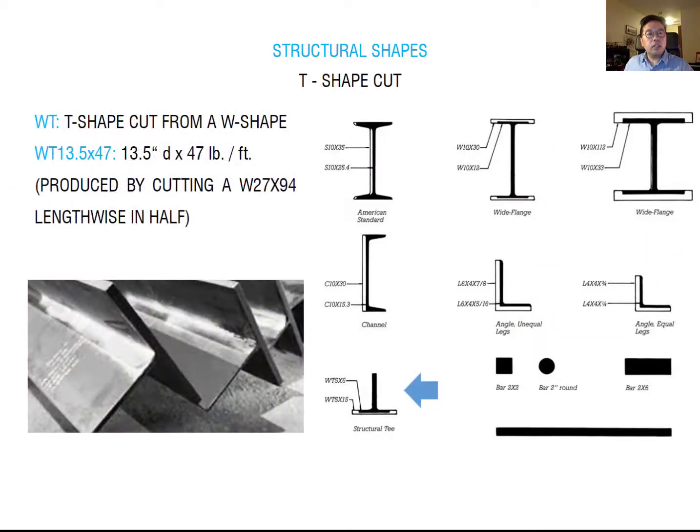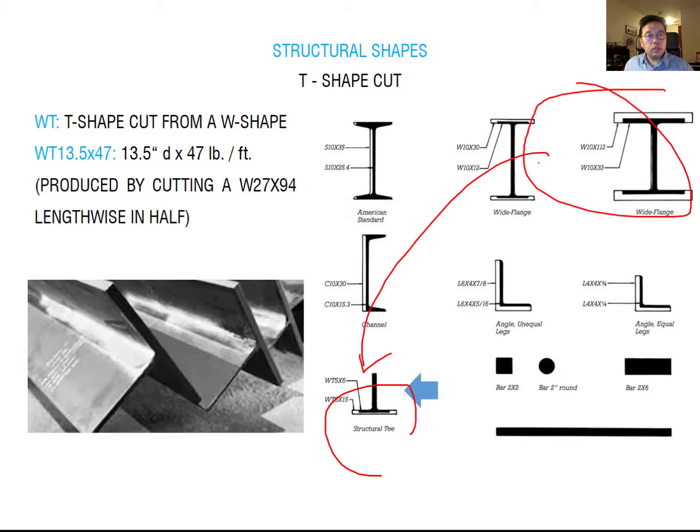The next one is the T-shape. The T-shape is basically from the wide flange. This is a wide flange, and this makes the T-shape, which is cut from the wide flange. So it's simply cutting the wide flange in half to make this T-shape member. It is called WT, okay, because W is wide flange and T is the T-shape cut, and it is called this one here.